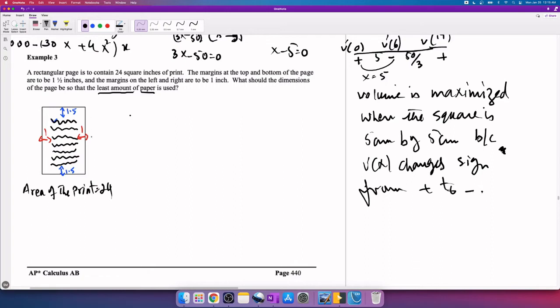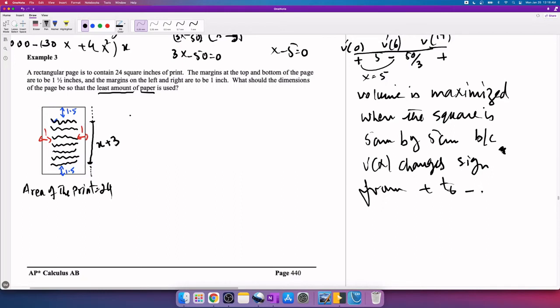So this whole thing is my page. I can say from here to here, where the print is, that's x, because I only know this margin and that margin. So 1.5 and 1.5 will give me plus 3, because I have to count all of this for the dimension of the page.